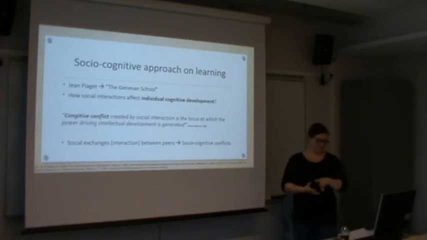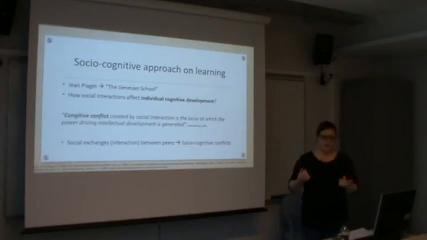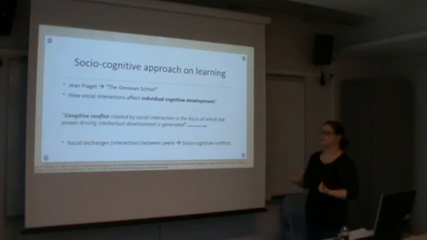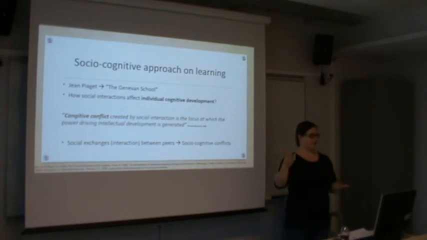The interaction that is usually researched is interaction between peers. It is stated in this research area that these social cognitive conflicts happen more often when we are interacting with peers and not with adults or more developed peers.